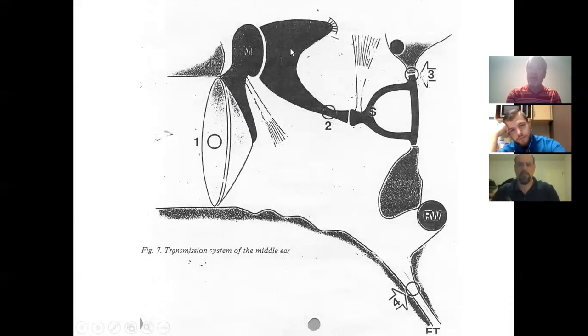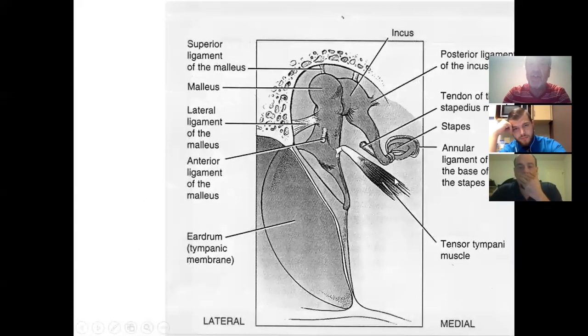And then you have the incus bone with its long process and its short process. And then you have the neck of the stapes, the crura of the stapes, and the foot plate of the stapes, fitting inside what's called the oval window. And then over here is the bone called the promontory, and I'll show you what that looks like on this slide.